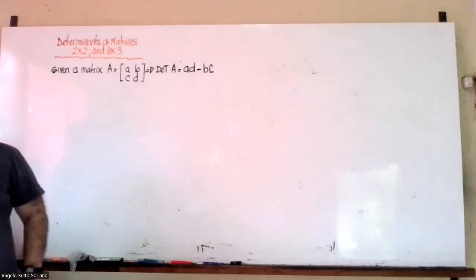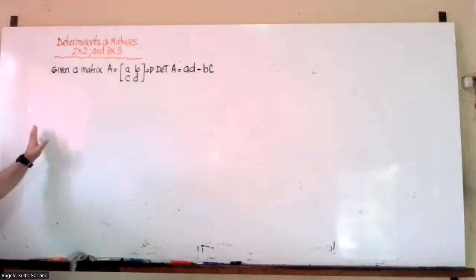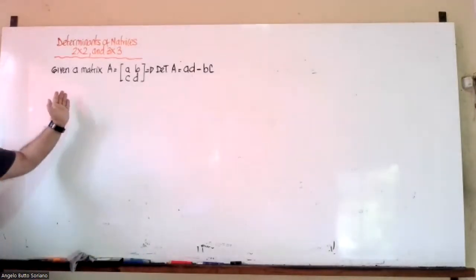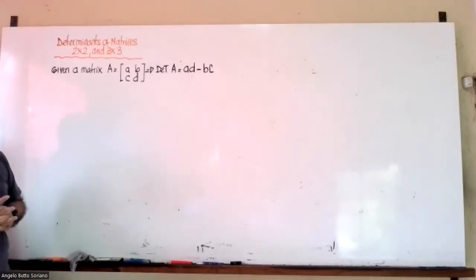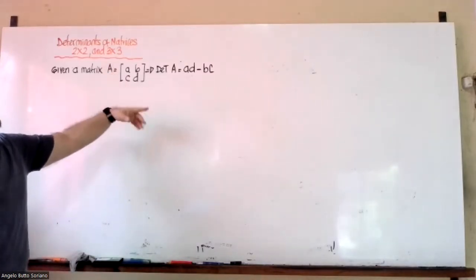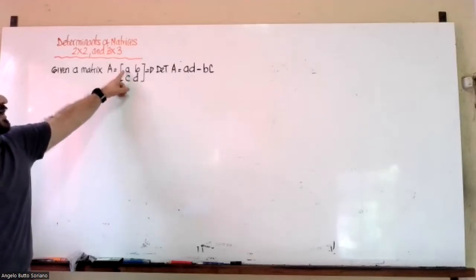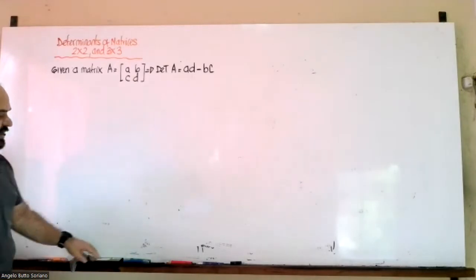I mean, a number. It could be a whole number, a fraction, a positive number, or a negative number, all right? And we have a formula for the 2 times 2 matrix A equals A, B, C, D. Then the determinant of A will be the difference of the cross products: A times D minus B times C. Let's see an example.